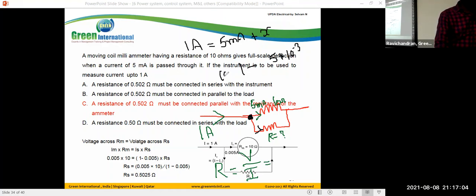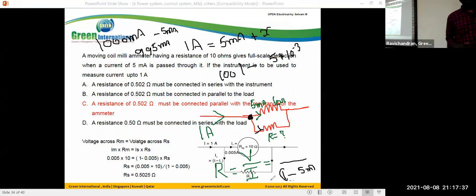That is 1000 milliamps minus 5 milliamps, which is equal to 995 milliamps. So here, what is the current? 1 minus 5 milliamps. Correct?